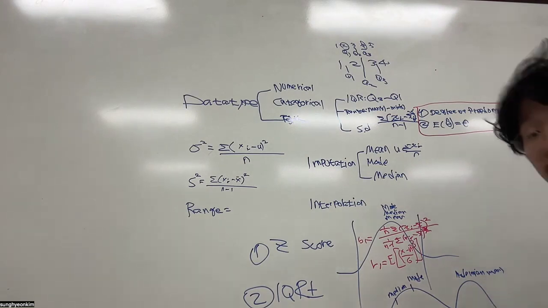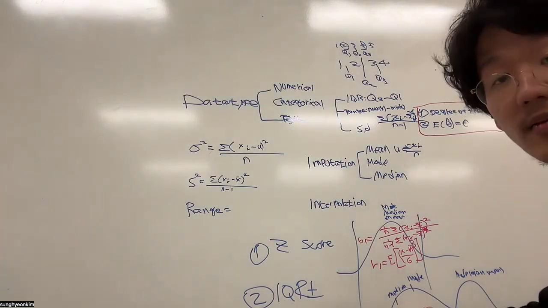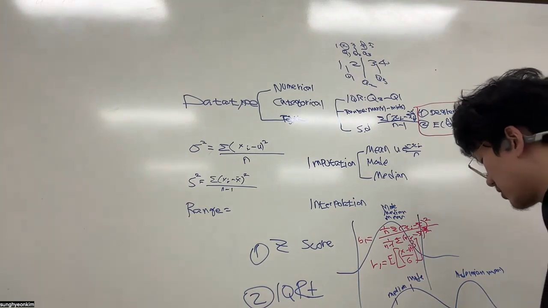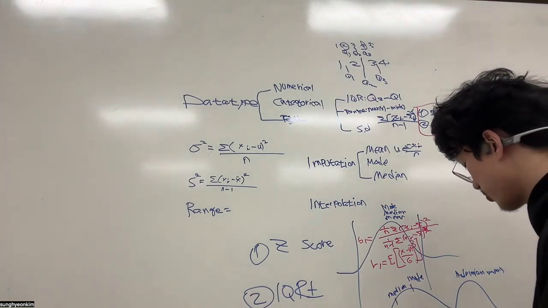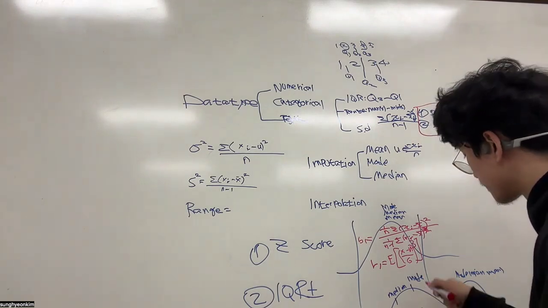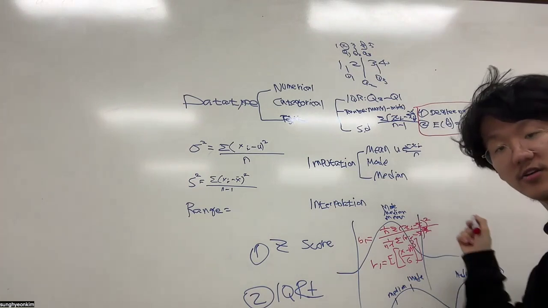And for negative skew, mean, median, mode. It seems like negative skew equals left skew. Probably this value will be negative.